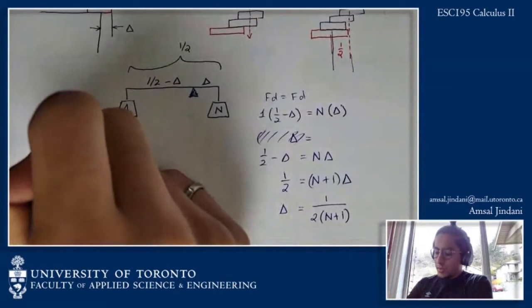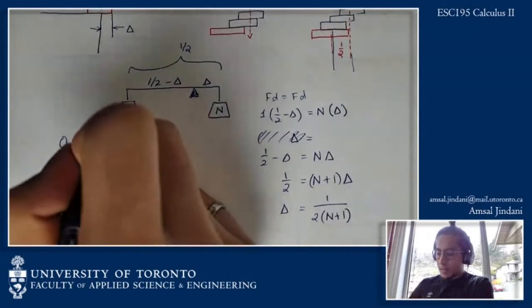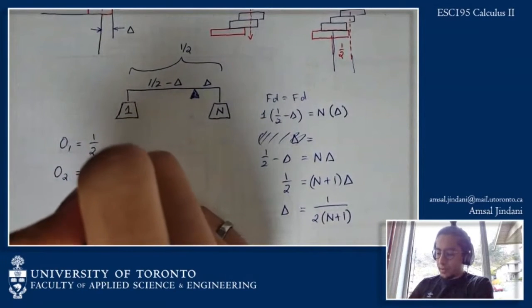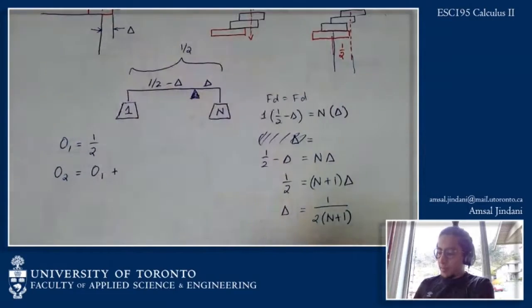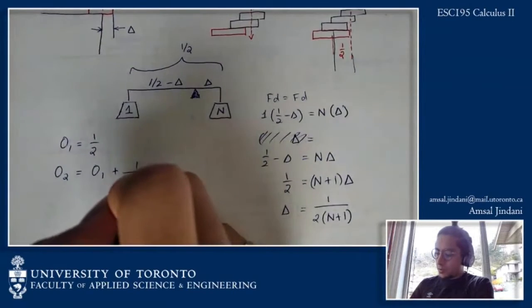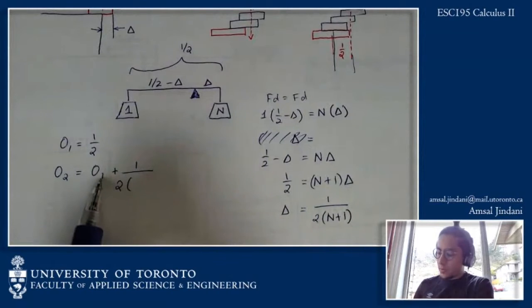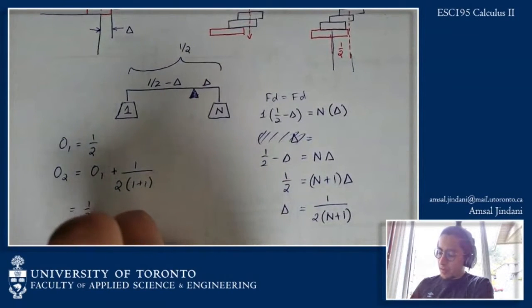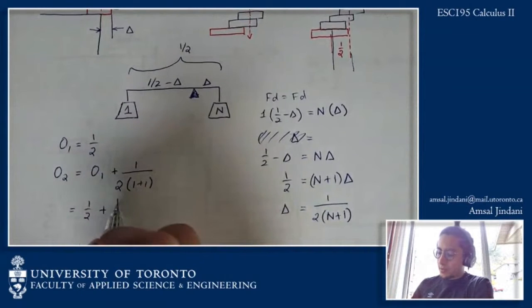So we know what the overhang is with one block. It's equal to half. So the overhang for 2 blocks is equal to the overhang for 1 block plus the change in the overhang. So plus 1/2 times 1 over n plus 1, and in this case, n is 1, so we have 1 plus 1. So that's equal to a half plus a quarter.